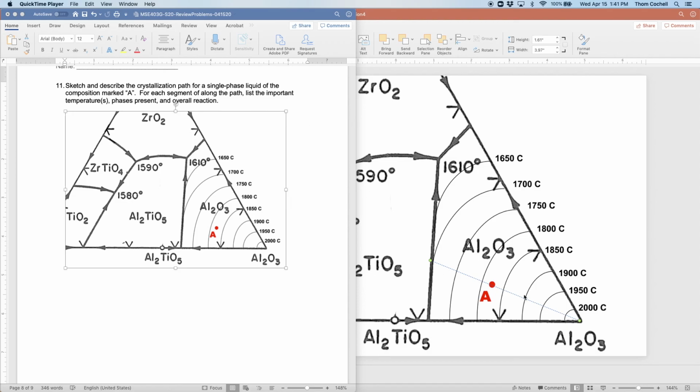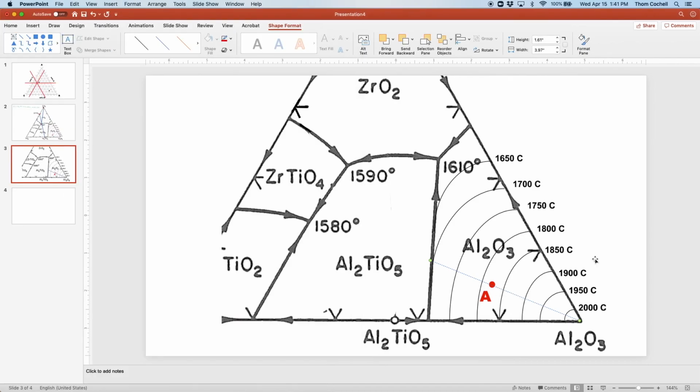Okay, so if we start, and I'll switch over here to the PowerPoint so you can see it more clearly, we see A. A is right in between the isotherms for 1850 and 1800. And so that means that it falls on an isotherm of approximately 1825.